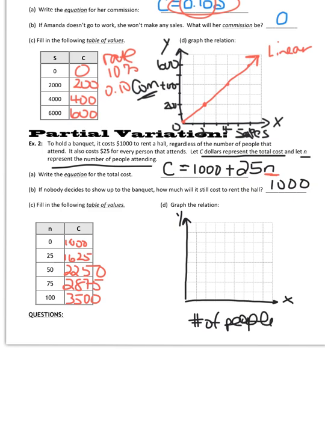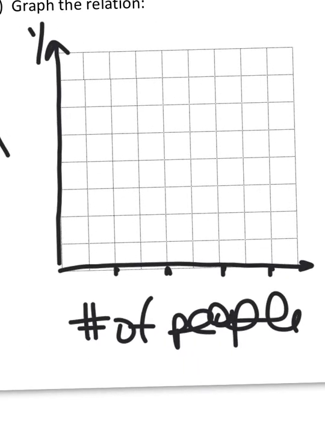And then the cost depends on how many people attend. So we'll go 25, 50, 75, 100. I'll zoom in here so I can get those numbers on. There we go.